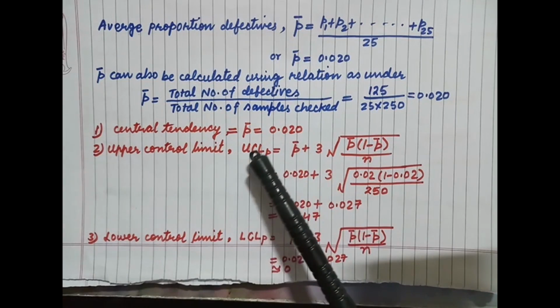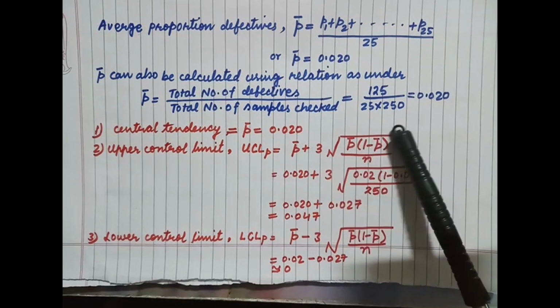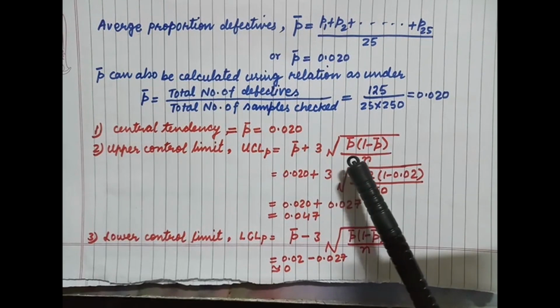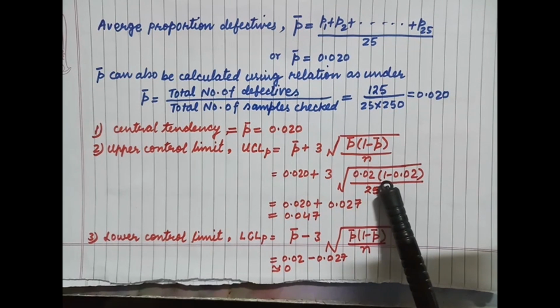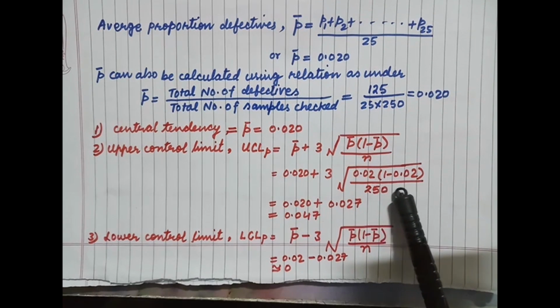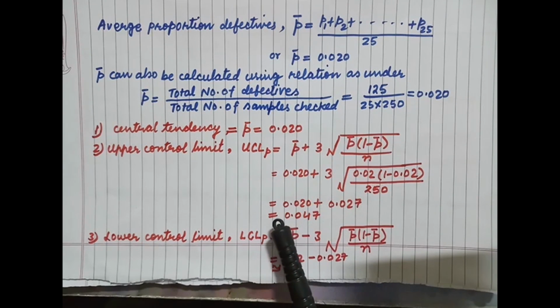The formula for the upper control limit is P bar plus 3 into the square root of P bar into 1 minus P bar, divided by N. Here N is the number of samples in a particular subgroup. This is a constant, so this is 250. Putting these values in the formula, we get the upper control limit as 0.047.